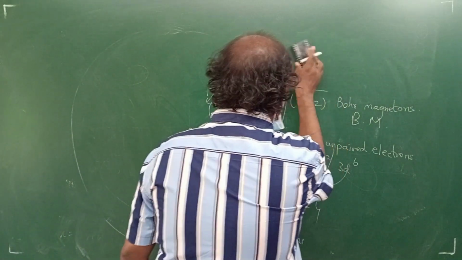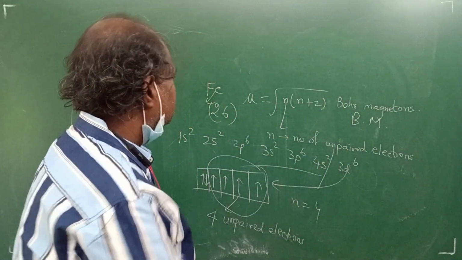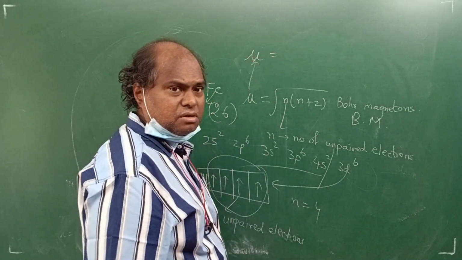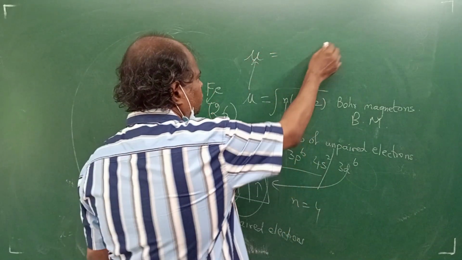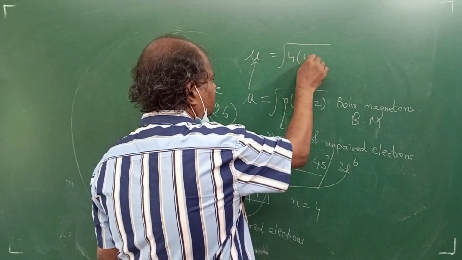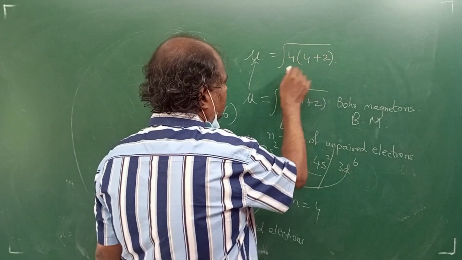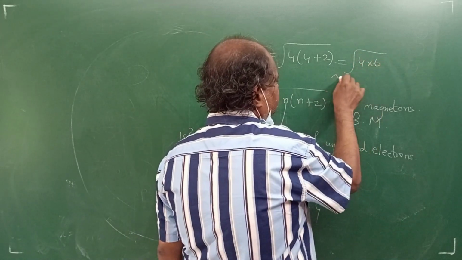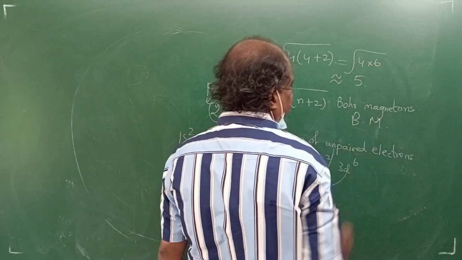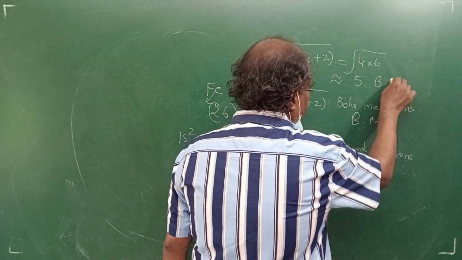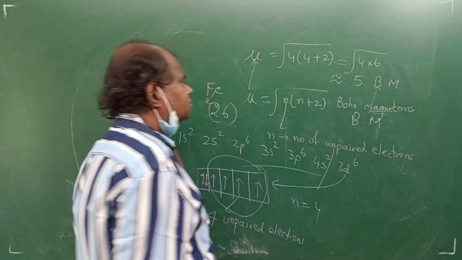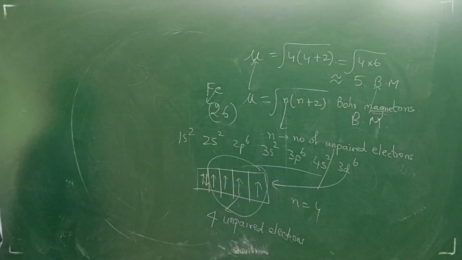The magnetic moment, mu, will be equal to root of 4 into 4 plus 2. Students, approximately this answer will be 5 Bohr magneton. Bohr magneton is the unit of this. So you'll get approximately 5 Bohr magneton.